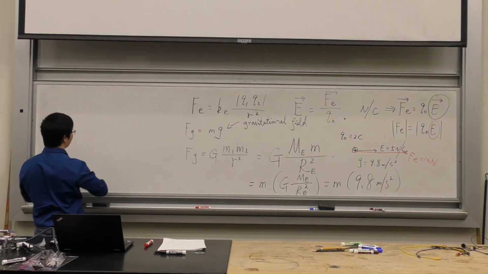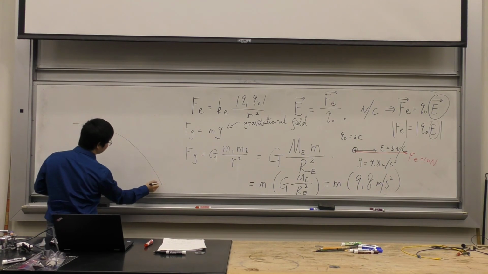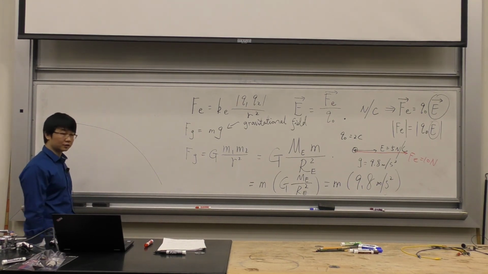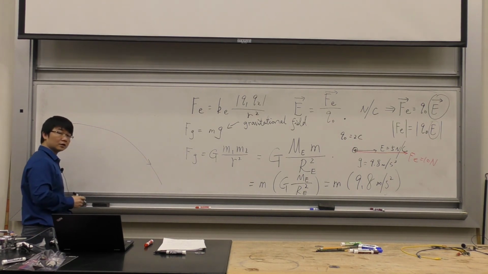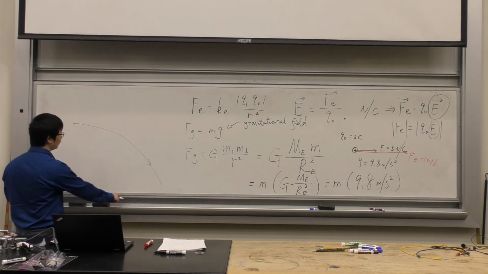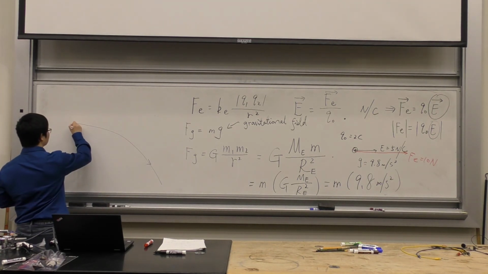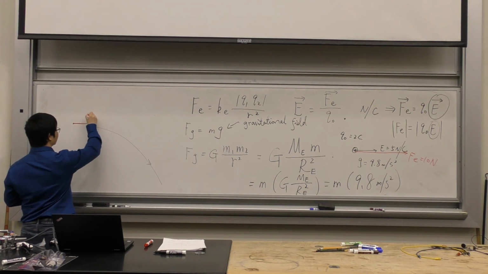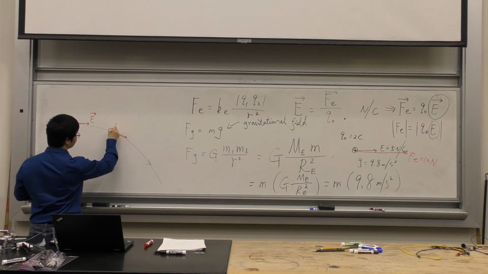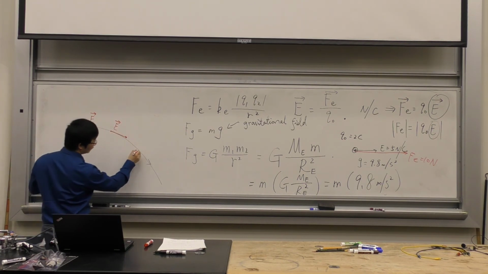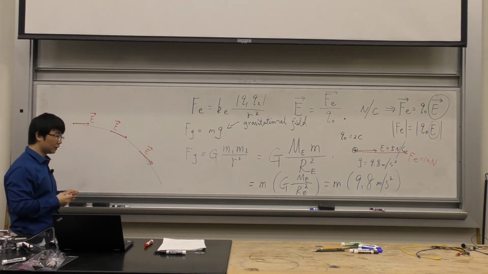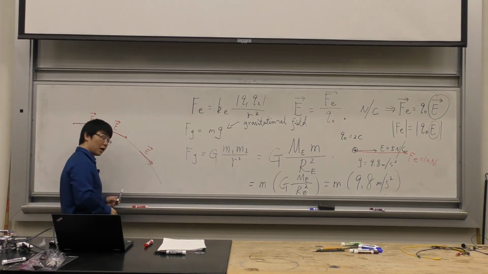So for example, if I have electric field lines in a region like this, at least I can find the direction of the electric field at any point by drawing the tangent to that point, right? For example, what is the electric field at this point? It's going to be in this direction. What is the direction of the electric field at this point? Tangent. What is the direction of the electric field at this point? Tangent. That's how we define the direction of the electric field.